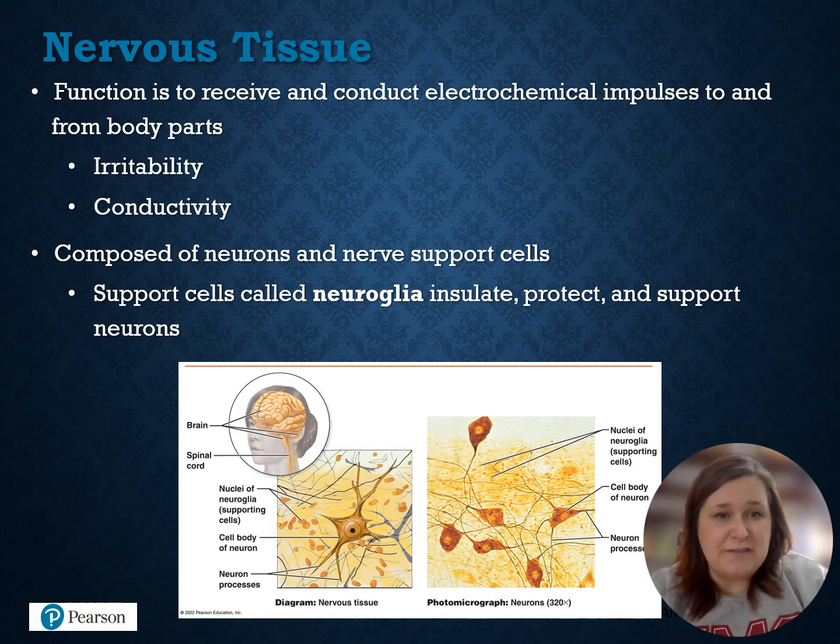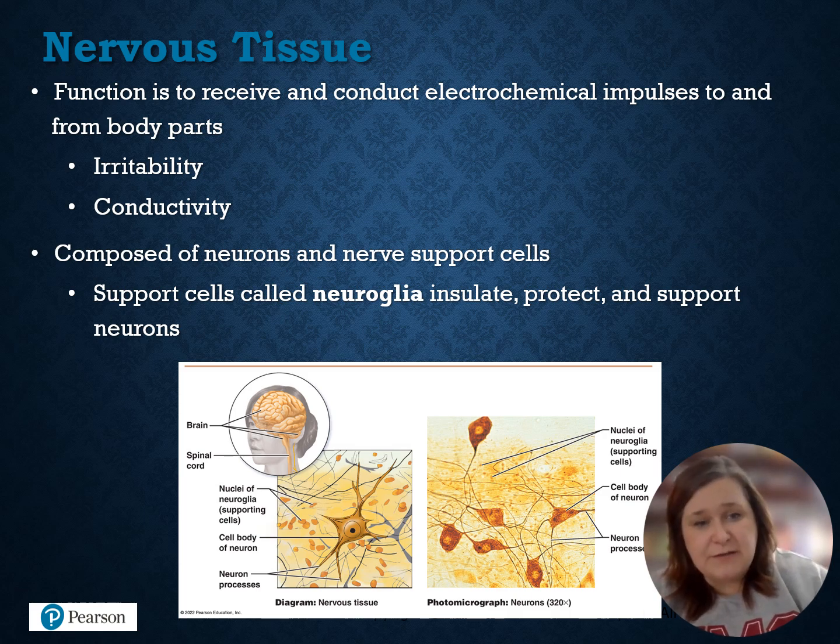Let's talk a little bit about nervous tissue. Nervous tissue's function is to receive and conduct electrochemical impulses to and from body parts. It is going to be irritable, and it is going to be conducible. It is going to be composed of neurons and nerve support cells.